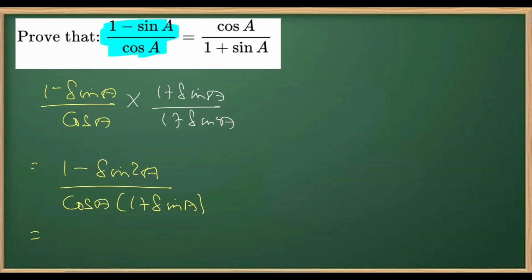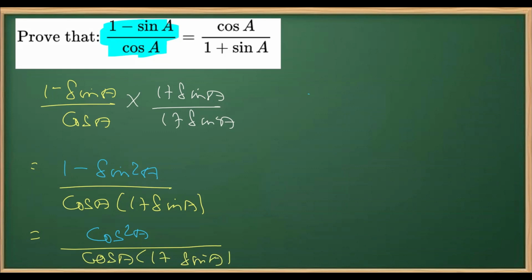Now further we can see that this is 1 minus sine square, and what is 1 minus sine square A? That is cos square A. So I can write this as cos square A, and then that whole divided by cos A multiplied by 1 plus sine A.